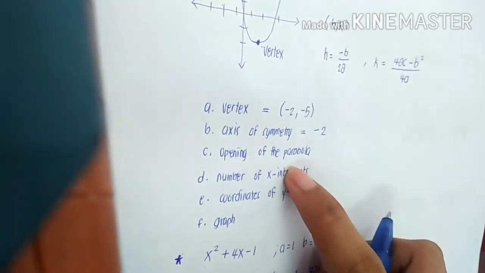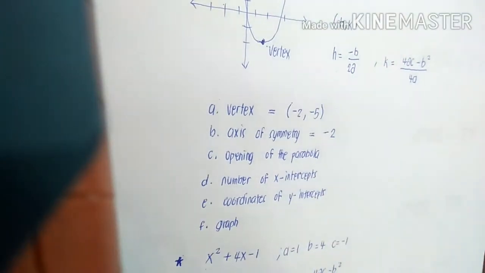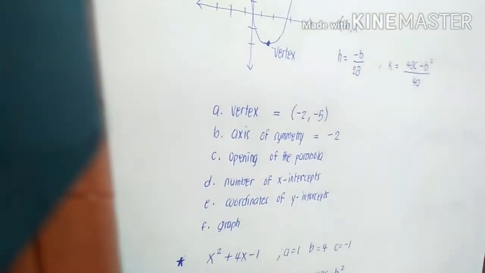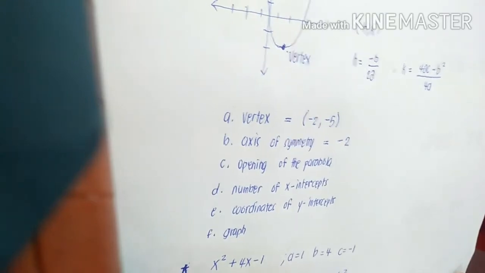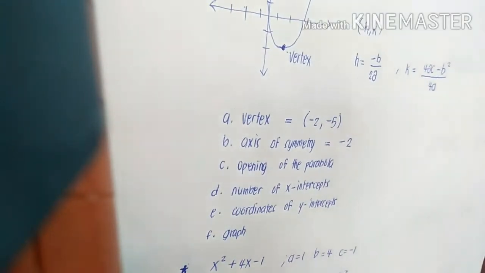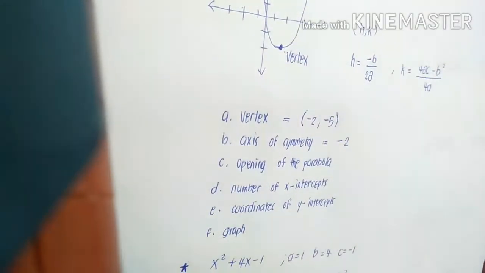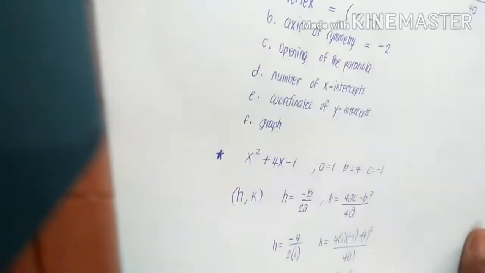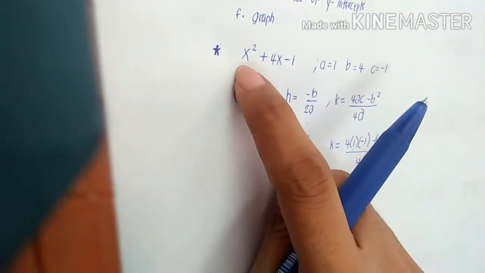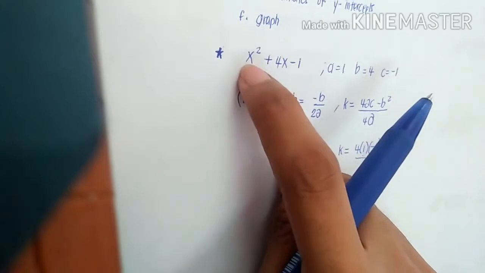And then the opening of the parabola, again, remember that if a is greater than 0, the parabola opens upward. And if the coefficient is less than 0, the parabola opens downward. So try to look at the equation. What is the a there? It's 1.